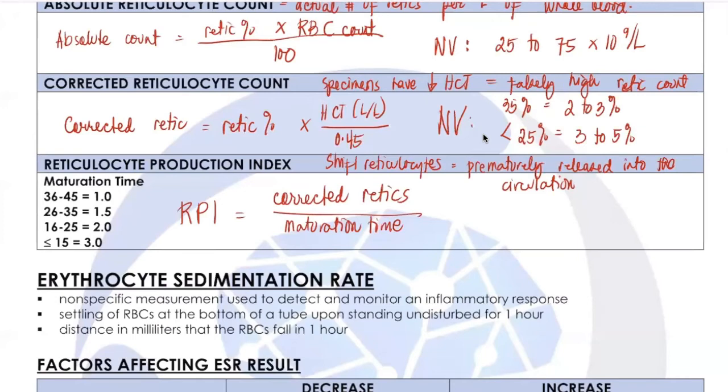Now, if your reticulocyte production index is greater than 3%, that means your bone marrow is adequately responding to anemia. But if the value is less than 2%, therefore the bone marrow response is inadequate.